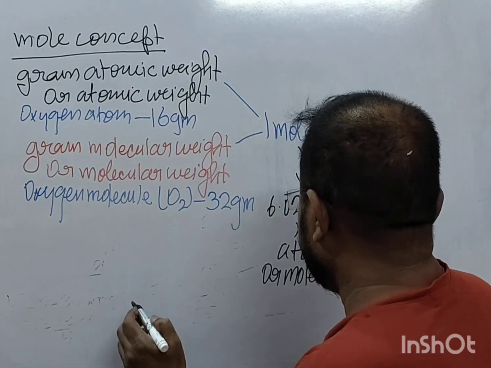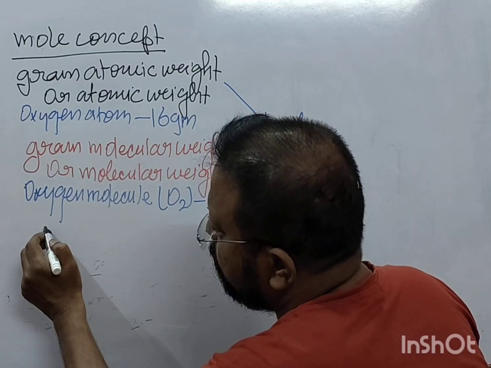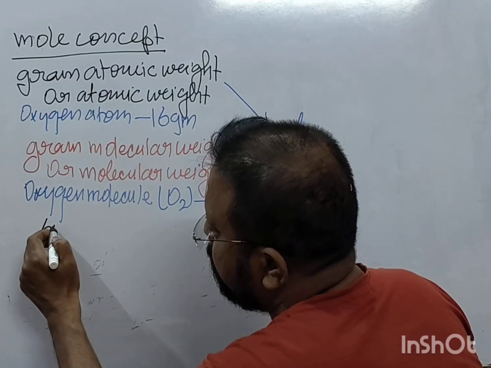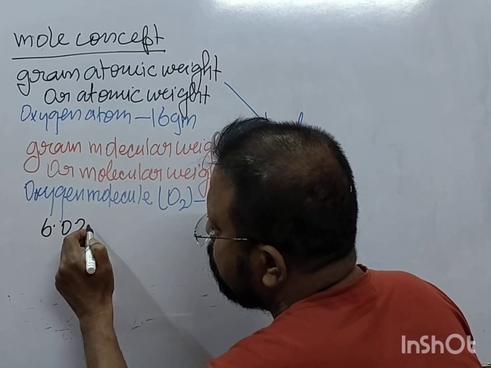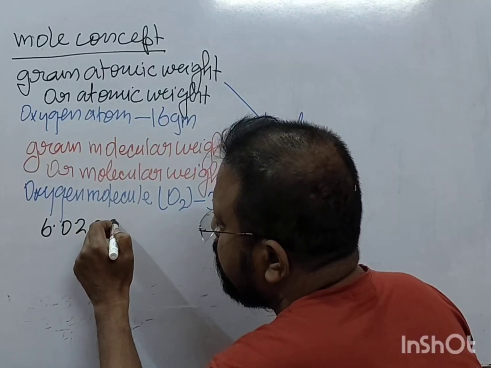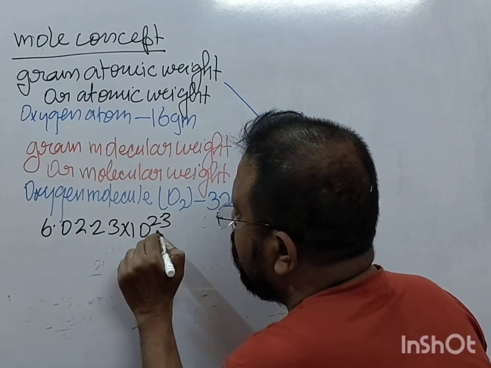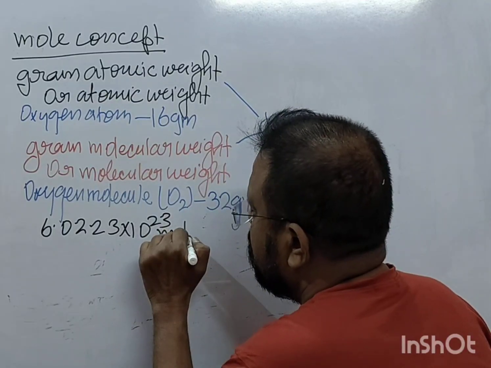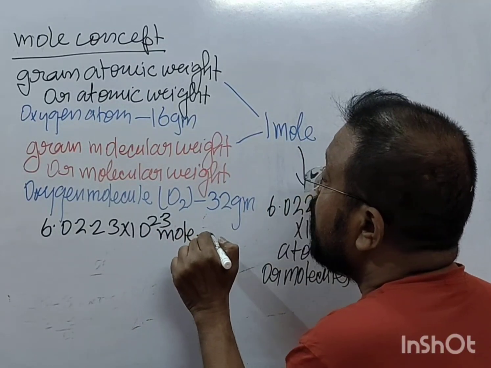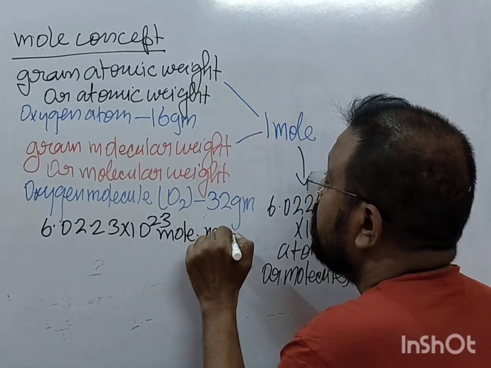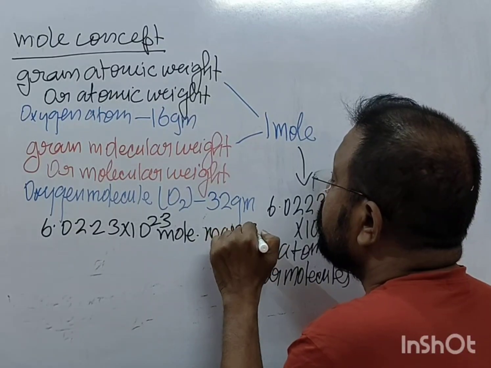So you know, 6.0223 into 10 raised to the power 23 molecules has mass equal to 32 gram.